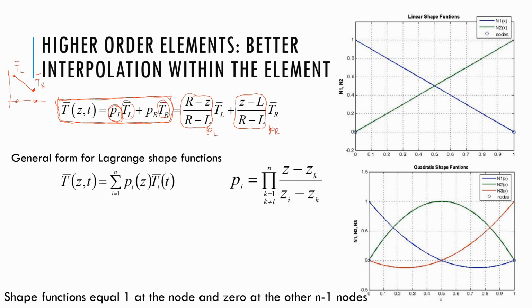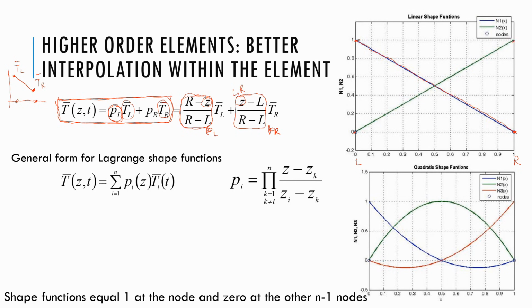So notice that PL, if I plot it, so this end is L and this end is R, at z equal to L, this first one is 1, and then at z equal to R, PL is 0. So PL goes from 1 to 0, and then PR at z equal to L gives me 0, and z equal to R gives me 1.